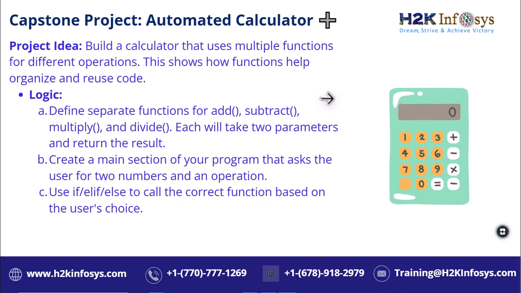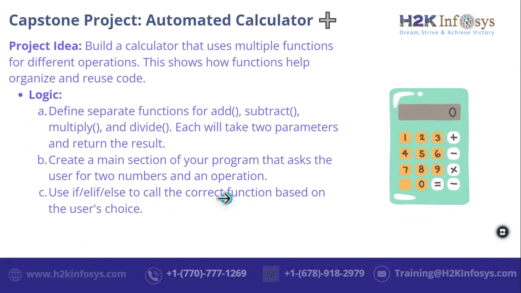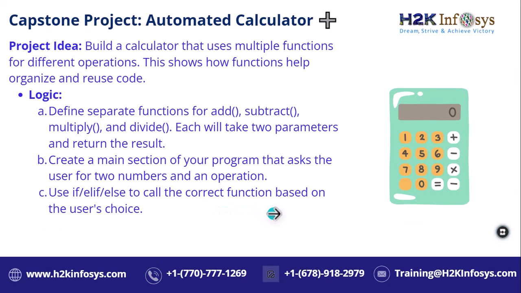Each should take two parameters, and inside that, definitely you are aware, add means a plus b, subtract a minus b, multiply a asterisk b, division a slash b. You can even make use of if else to call the correct function based on the user choice. So make a try for this.